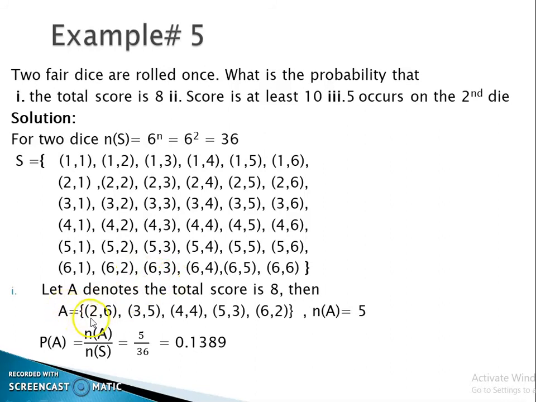Number of sampling points in the event A is equal to 5. Favorable outcomes are 5. So probability of event A equals favorable outcomes over total possible outcomes, 5 over 36, which is equal to 0.1389.